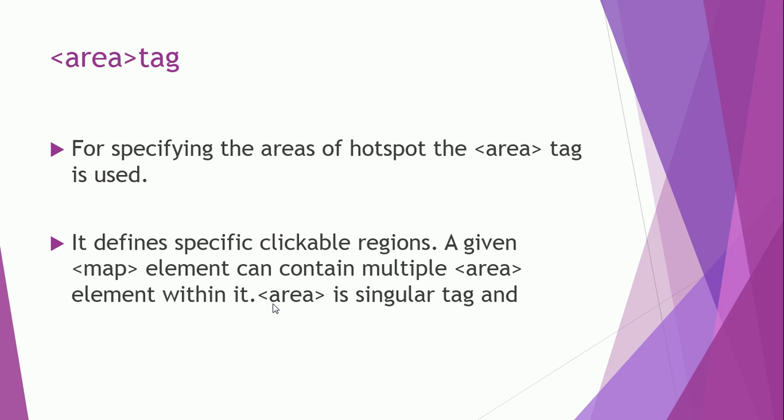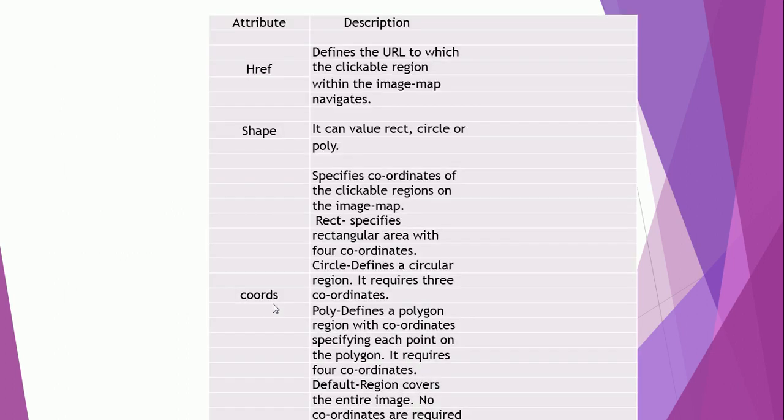Okay. Another most important tag is the area tag. This area tag specifies the area of a hotspot or a clickable area on our web page. Okay. These are the several attributes of the area tag. First one is href.